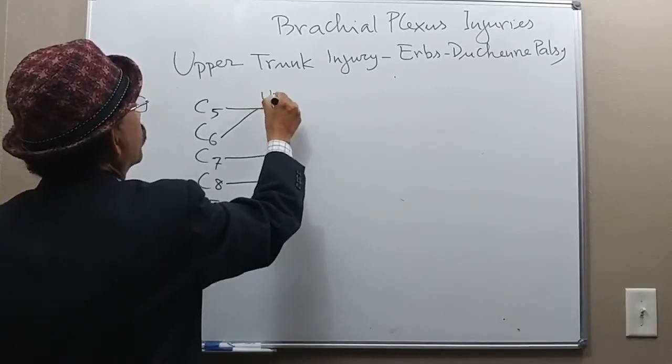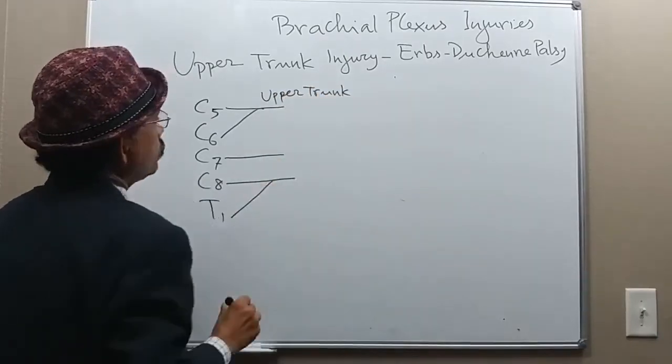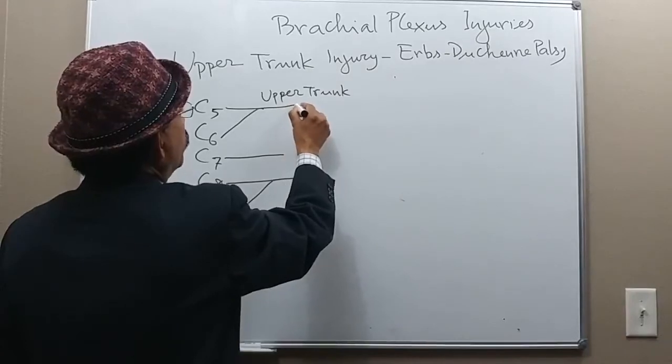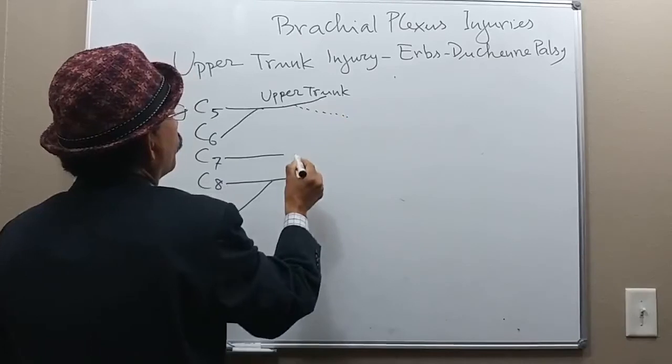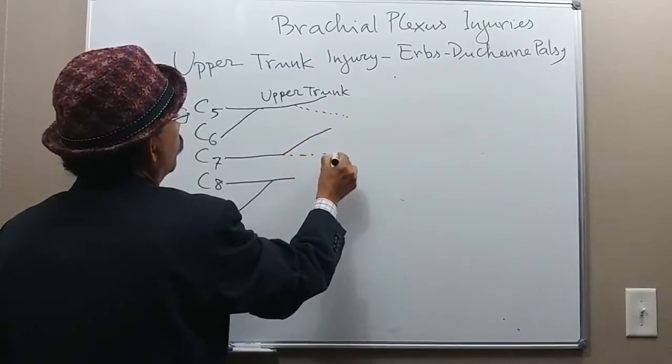So this is the upper trunk. From the upper trunk we have divisions, the anterior division and the posterior division.